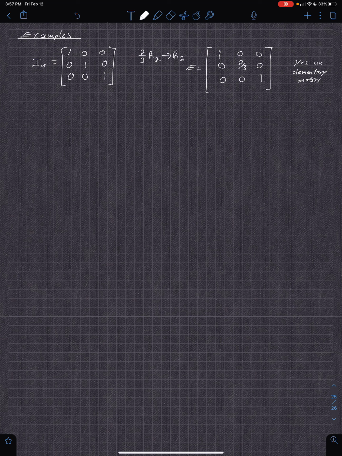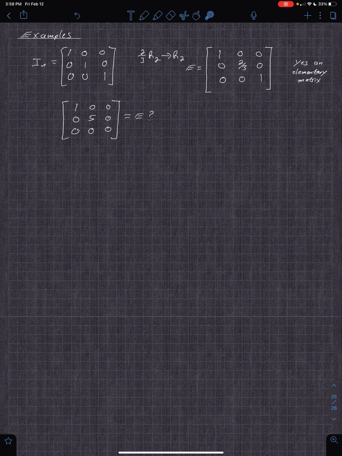So what about this one? This one is going a different way. Suppose I have 1, 0, 0, 0, 5, 0, and 0, 0, 0. Is that an elementary matrix? Can I obtain that matrix by a single elementary row operation?